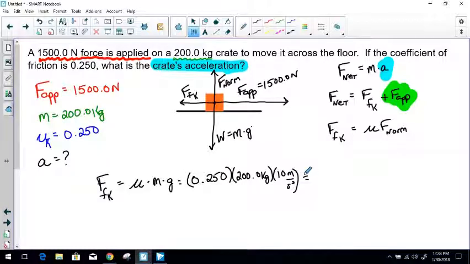So our force of kinetic friction ends up being 500 newtons.